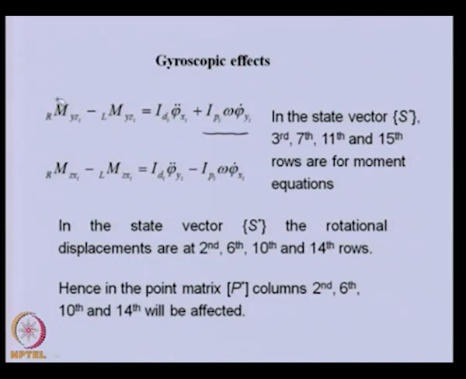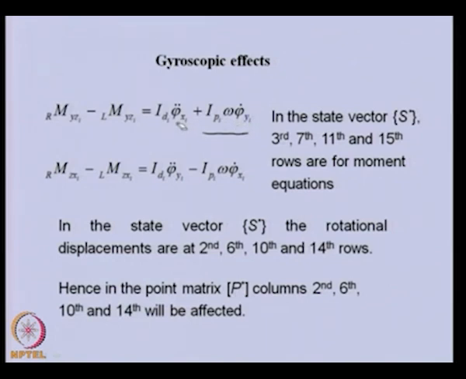We had the moment balance of the disk from its free body diagram: the external bending moments acting were equal to the rotor inertia of the disk. Now, because of the gyroscopic couple, there will be an additional gyroscopic term. You can see that this angular displacement will be in the other plane.